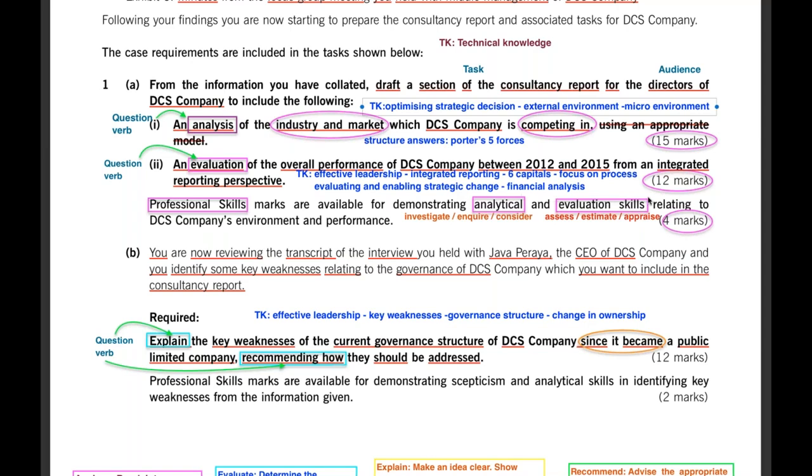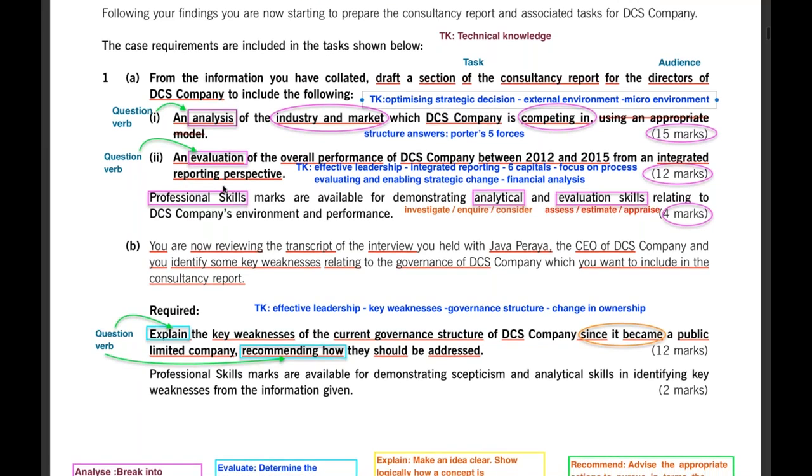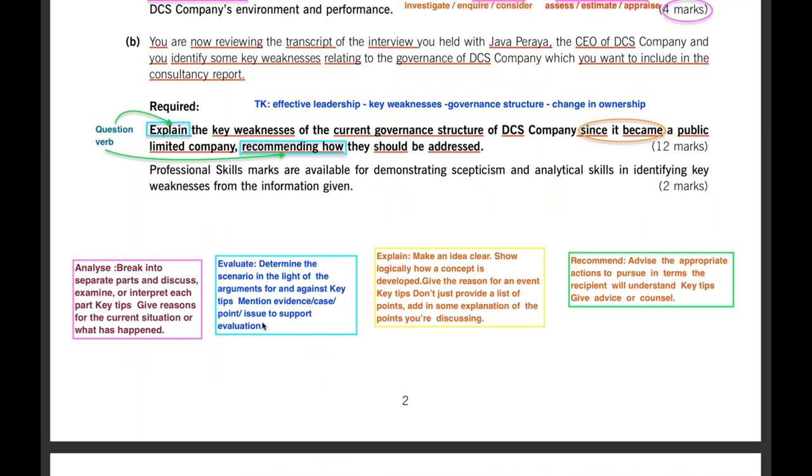So 12 marks, aim for 2/3, so you'll have 8 marks that you want to target. And remember, the question verb is evaluation. When it comes to evaluation, you are supposed to evaluate.